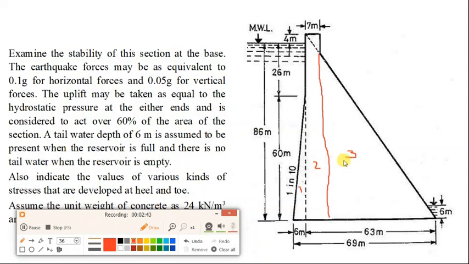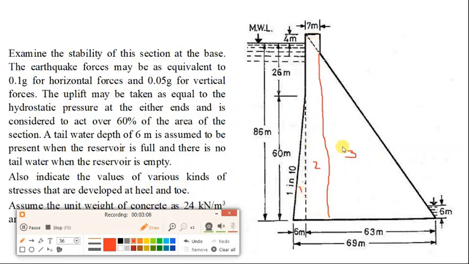How to calculate the weight of this triangular area? It can be calculated by multiplying the unit weight of concrete by the area of this triangle. Similarly, for this part, we multiply the unit weight of concrete by the area of this rectangle, and similarly for part 3.